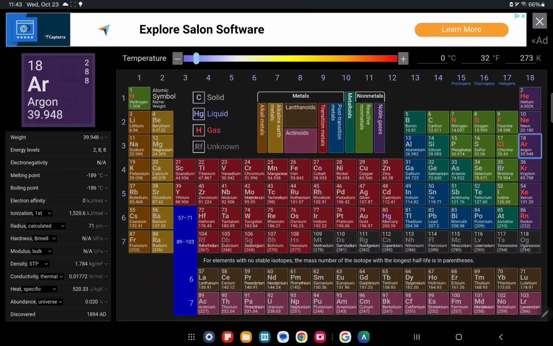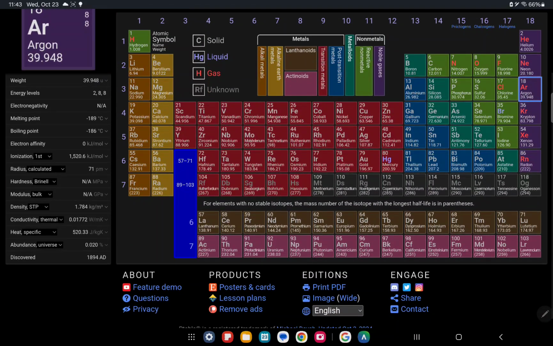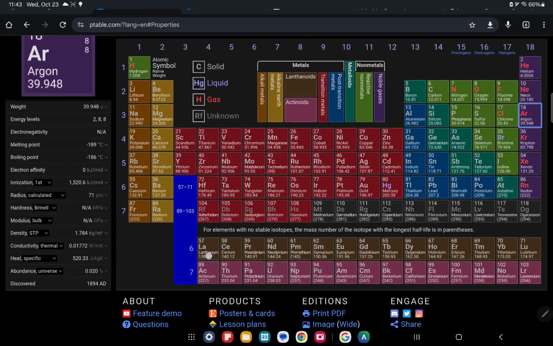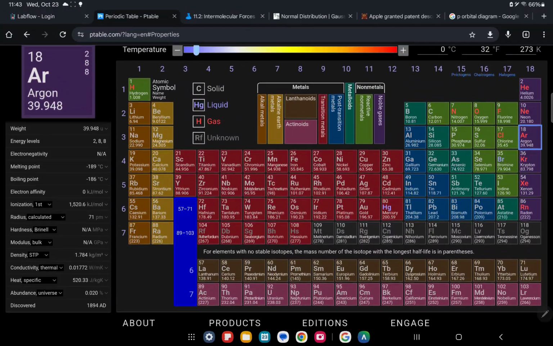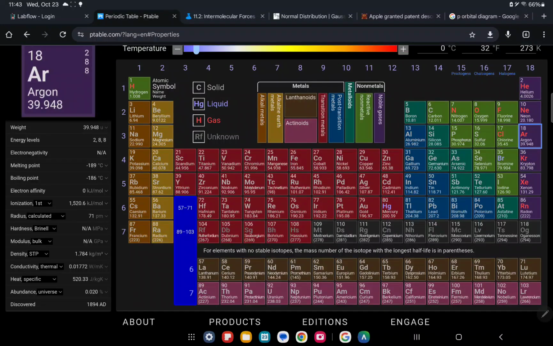So after p, it decreases. You go to d. This is going to be 3d instead of 4d. And this is your f orbitals. This is why you have this chunk here, because these technically go in here. But because they're their own orbital, it's kind of hard to diagram it that way.